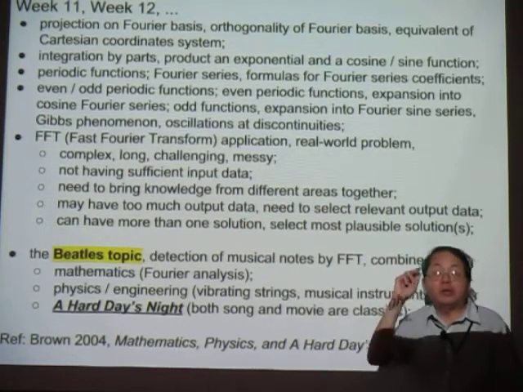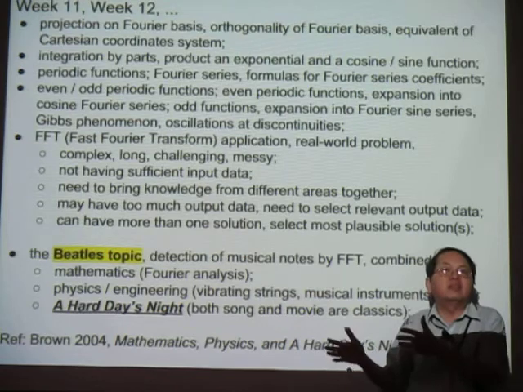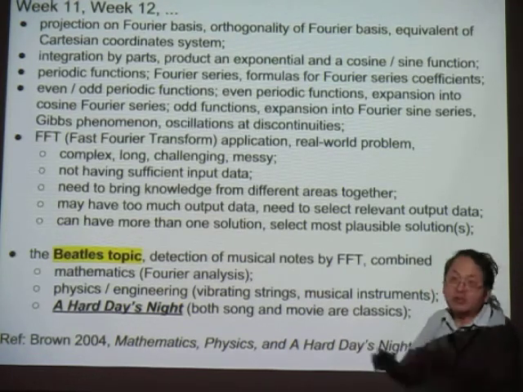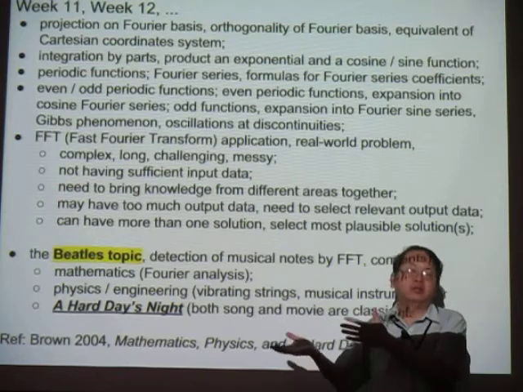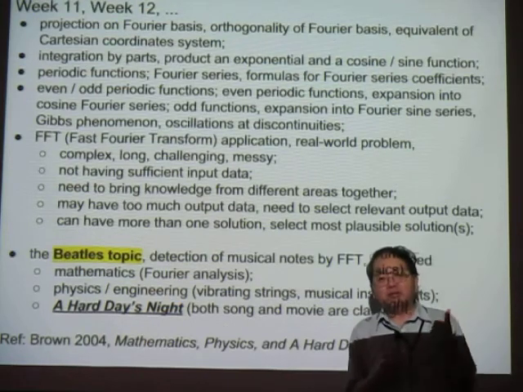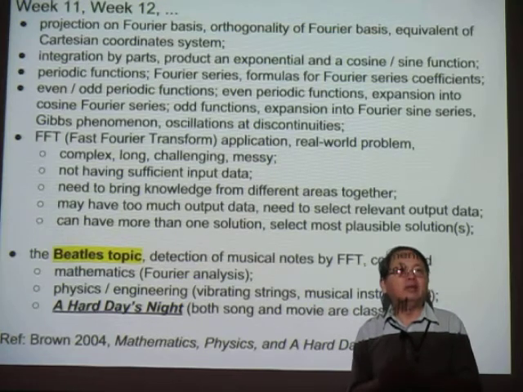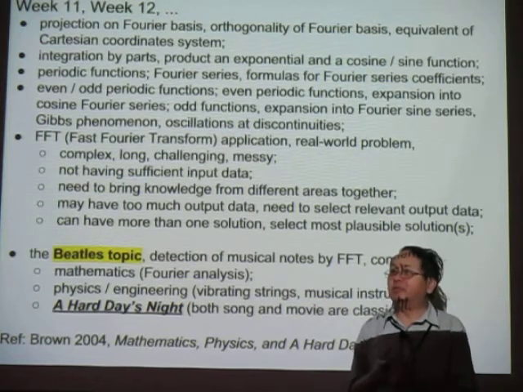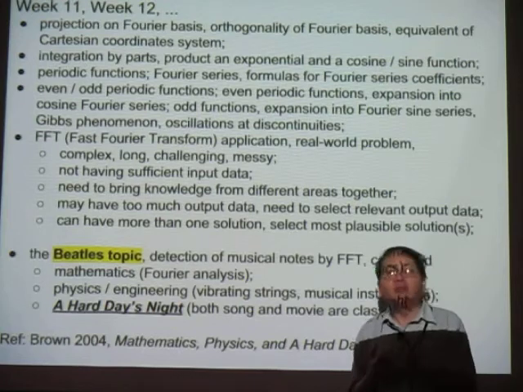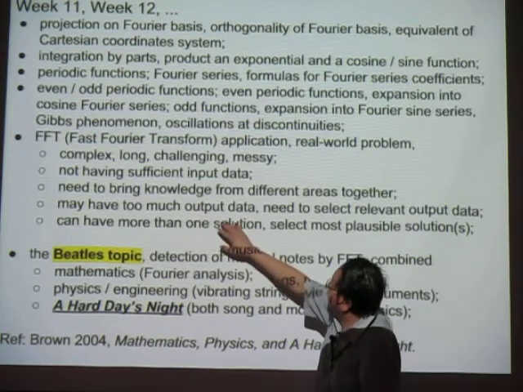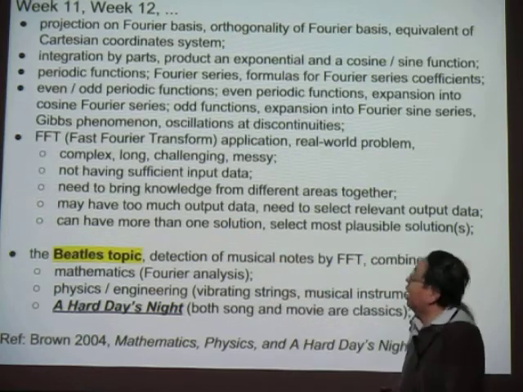And in this particular problem, you need to know the physics of musical instruments, the piano, the guitar. And that's what Jason Brown did, by the way. He was not just a mathematician, he was also probably a guitar player. And so he knew about the piano, he knew about the guitar, and using all of this knowledge, and like I said, sometimes you have too much input data.